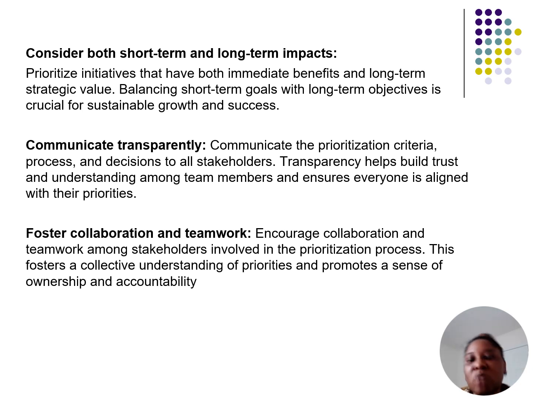As a manager, try to transparently communicate prioritization criteria, processes, and decisions to all your stakeholders, as this will build trust, understanding, and alignment. And number six, foster collaboration and teamwork. Always encourage stakeholders to collaborate for effective prioritization.